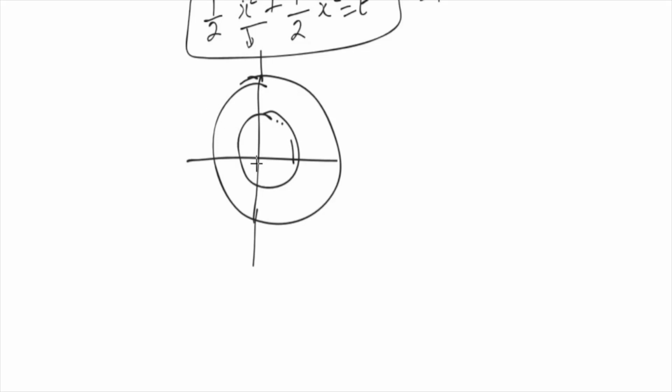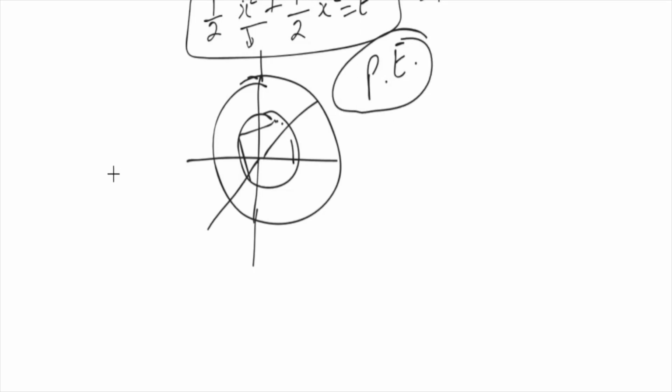In fact, energy increases as you move away from the center. So it shows us the energy conservation. And these orbits are nothing but the contours of constant potential energy.